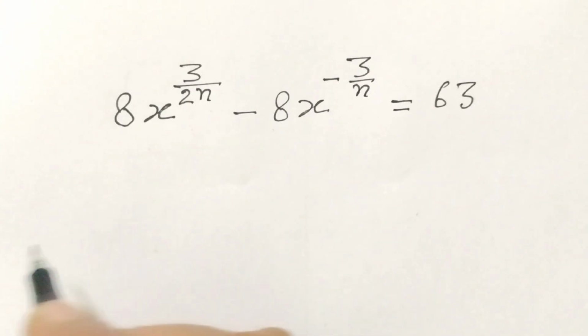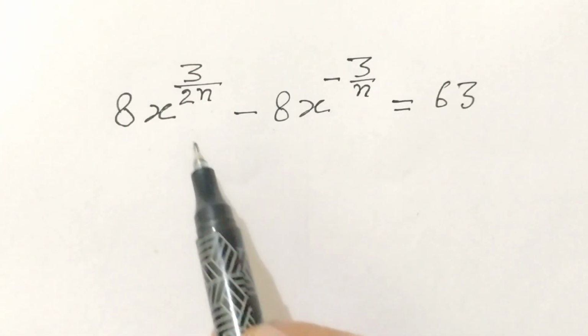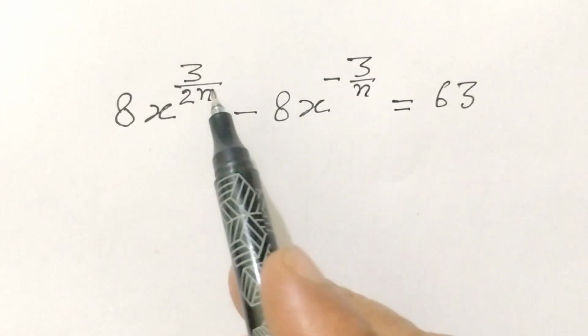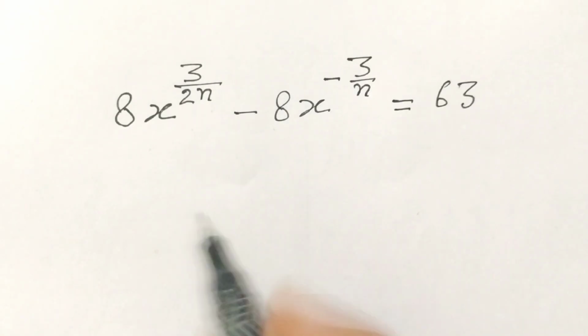Let's start. If we multiply both the sides by x^(3/2n), right?